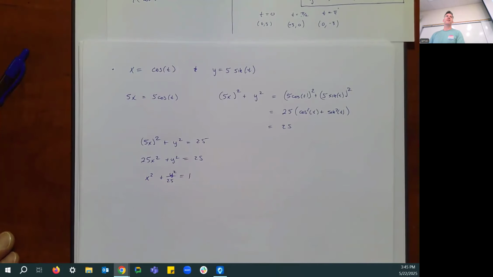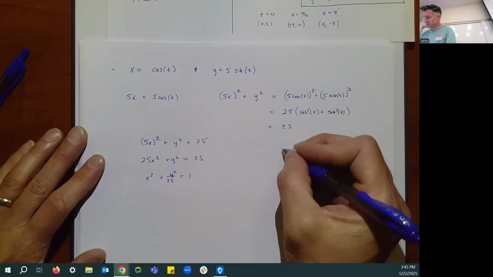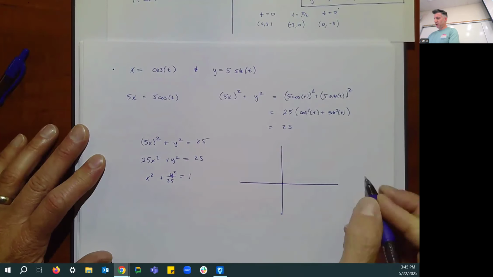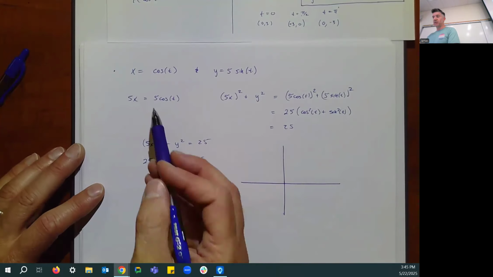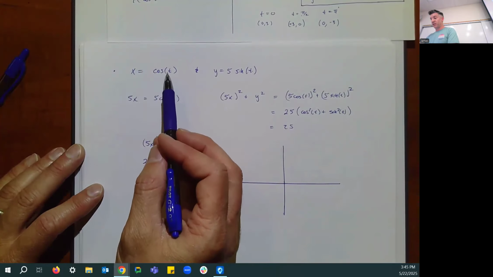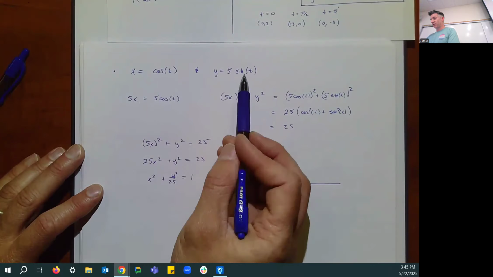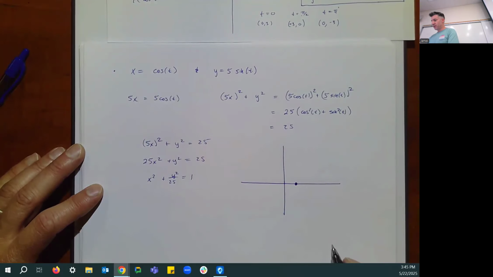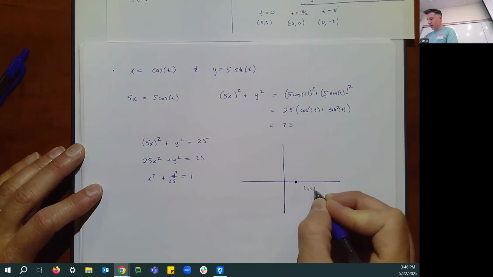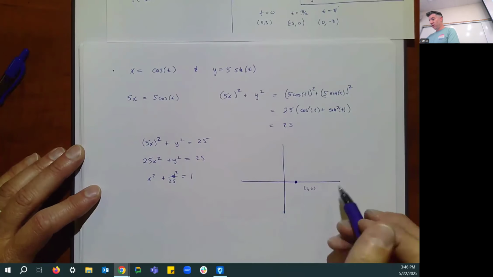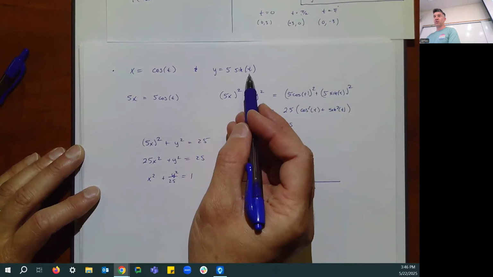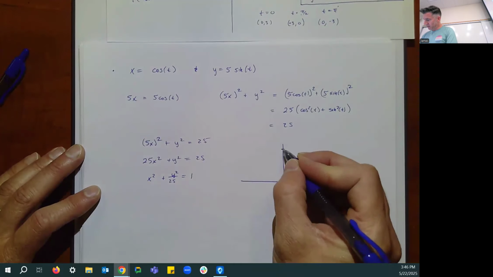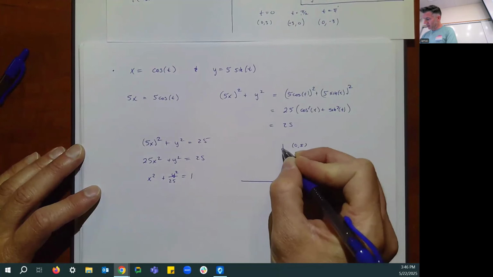What's the graph look like? It's almost a circle. Well, let's plot some points. Going back to the parameterization, if I start with t equal to 0, cosine of 0 is 1, sine of 0 is 0, so I get the point (1, 0). At t equal to pi over 2, cosine is 0, sine is 1, I get 5 times 1, so (0, 5).